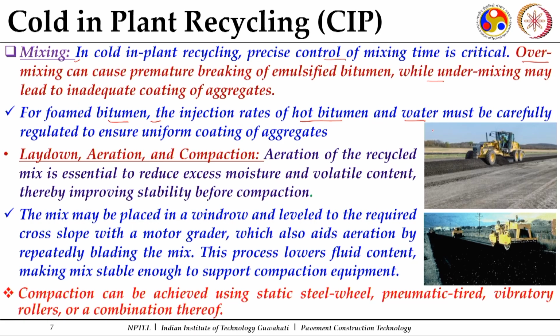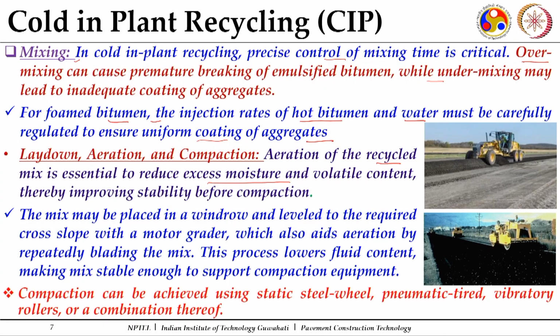The injection rates of hot bitumen and water must be carefully regulated to ensure uniform coating of the aggregates. Laydown, aeration and compaction: as I mentioned, aeration of the recycled mix is essential to reduce excess moisture, because even when we are using reclaimed bituminous material, many times when you are producing these cold in plant recycled mixes with emulsified bitumen, you add some initial water to the RAP to improve its workability.